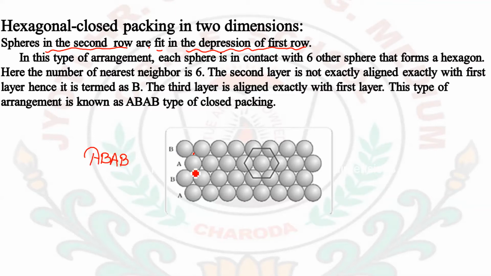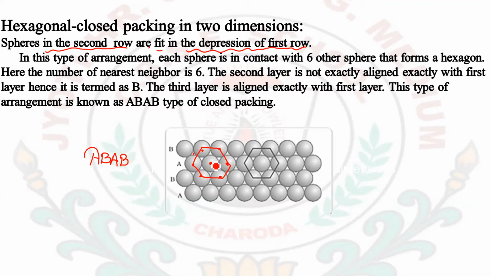Now if I look at the coordination number here, each particle is touching six other particles, so here we can form a hexagonal shape.